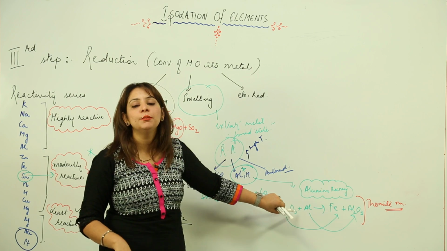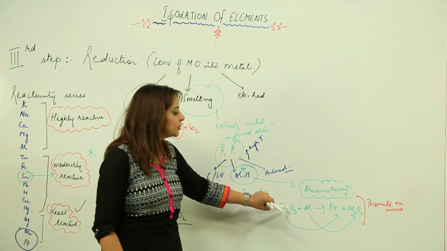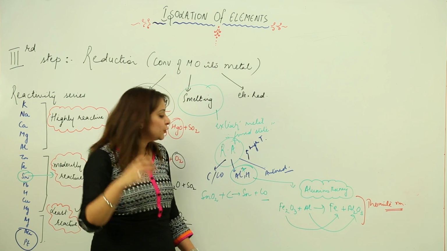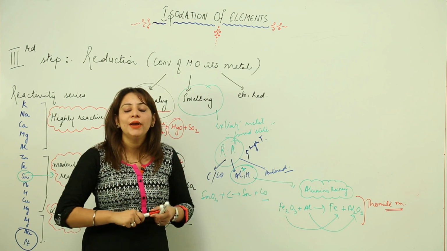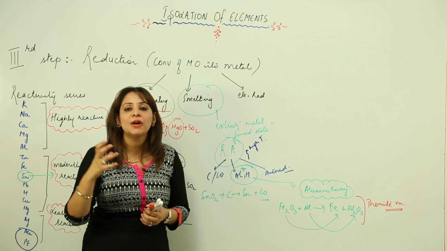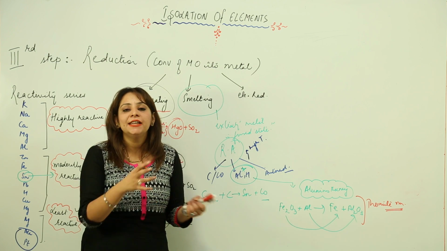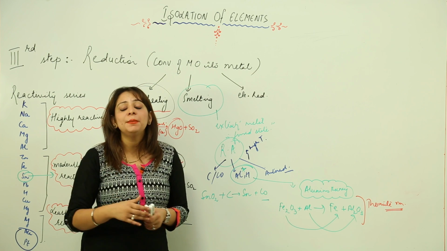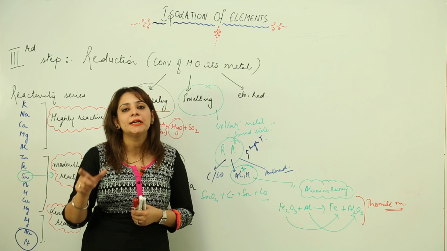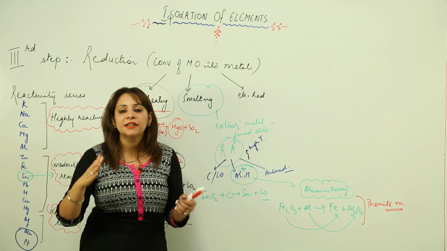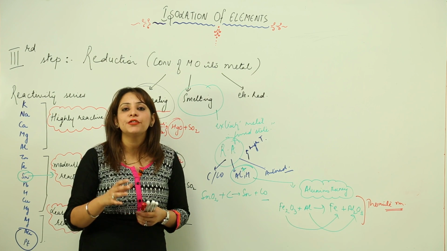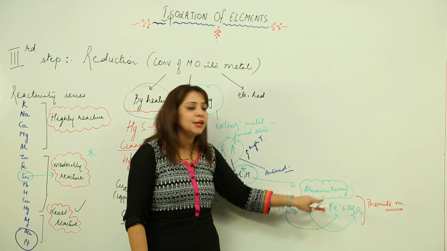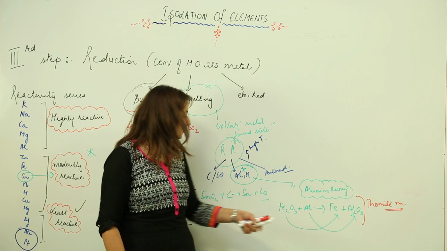So if somebody asks you about the thermite reaction, you need to write a reaction in which aluminium reduces the iron oxide, and you will also write the use, that it is used for welding of railway tracks. But if somebody asks you about aluminothermy, then you need to write that the reduction occurring in the presence of the reducing agent aluminium comes under aluminothermy. So the thermite reaction is an application of aluminothermy.